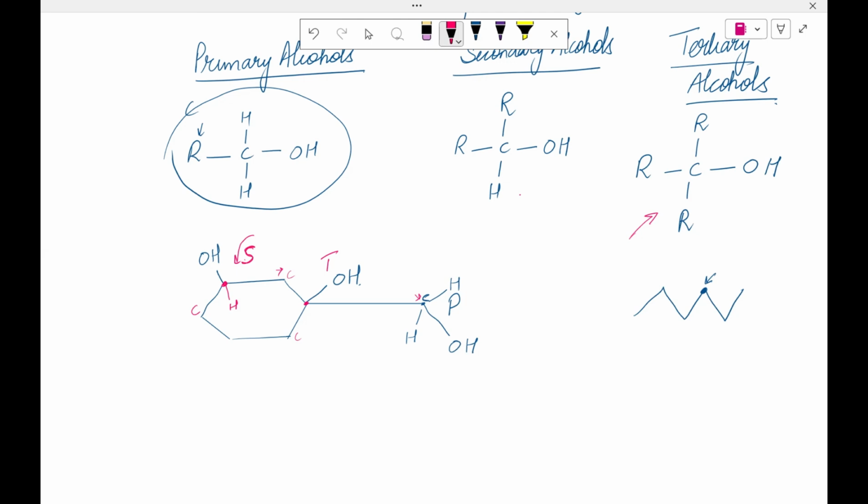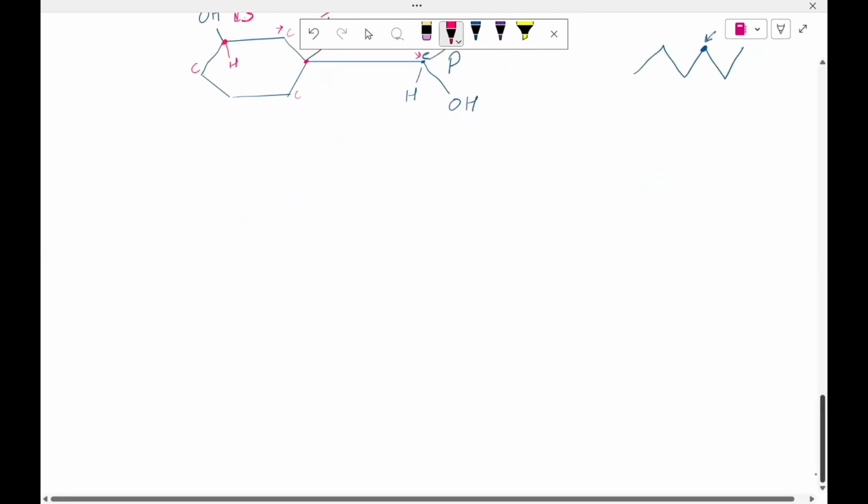So I just want to tell you one important thing here. We are having this primary alcohol, and when it undergoes oxidation, what is going to happen?